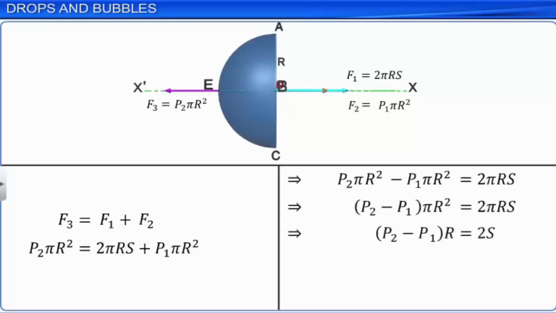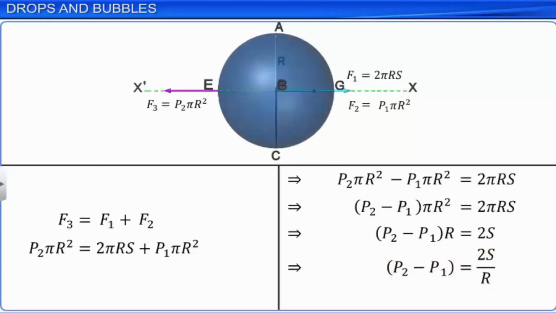Thus, the excess pressure inside the drop of liquid over the outside of the surface is equal to 2S by r. As the drop of liquid is symmetrical about any diametrical line passing through the drop, the calculation holds good for the entire drop regardless of the position of the hemispheres selected.